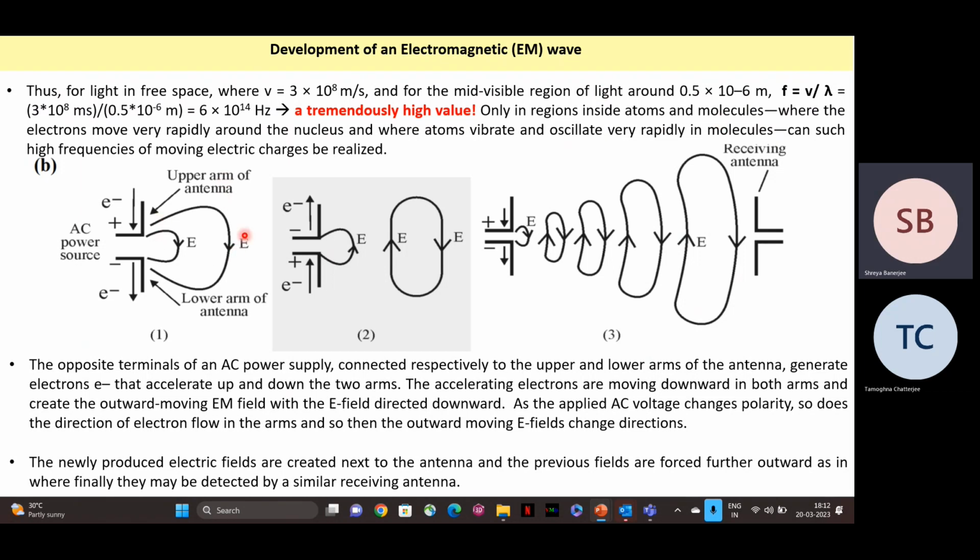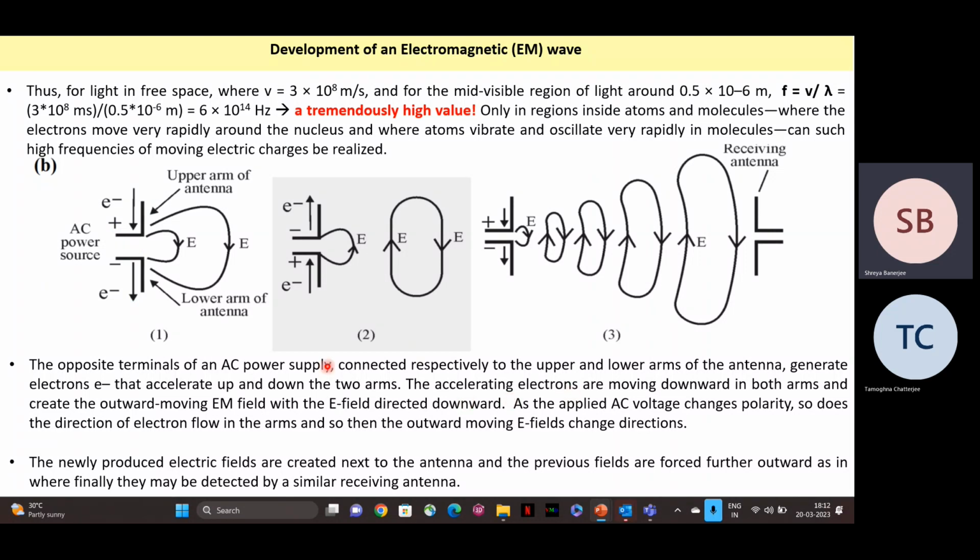So how can you create such electromagnetic waves? Basically, an AC power supply is taken, and the opposite terminals of this power supply are connected to the upper and lower arms of an antenna, and an electric current is passed through the antenna.